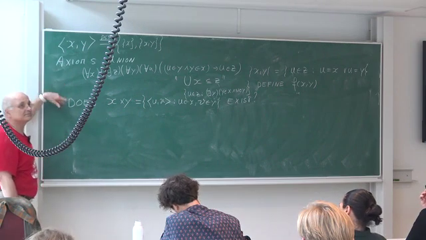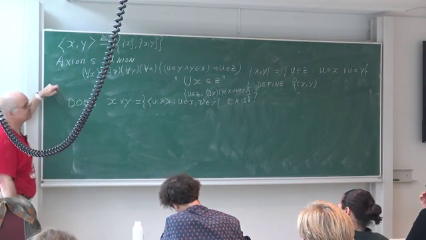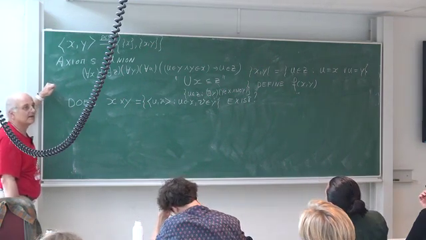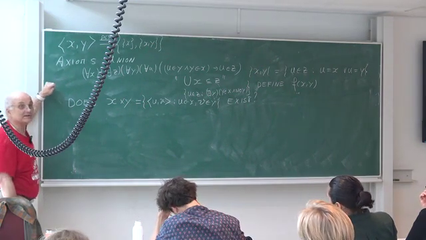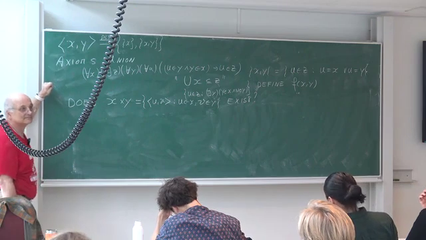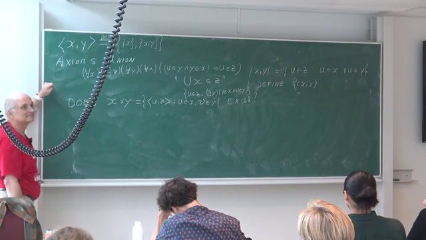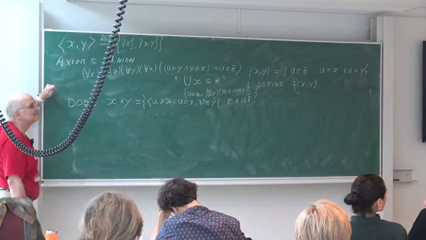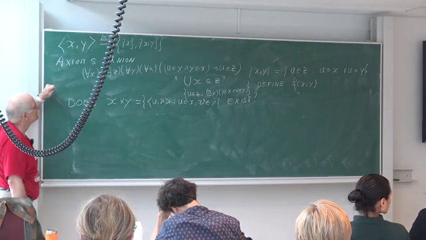So how do we do this? Can we use, say, the union axiom? Because if we take just the union of x, right, doesn't that give us access to all the u's?